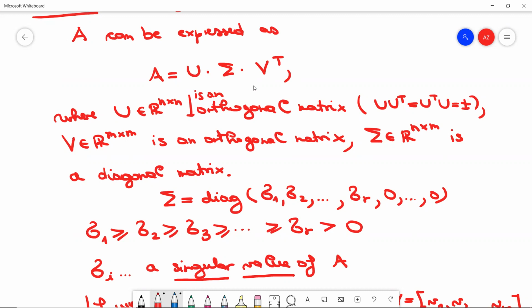And since U and V are orthogonal matrices, this will also enable us to do some proofs and to see why A plus is very important when solving linear systems. So proving by using the singular value decomposition will make things clearer.